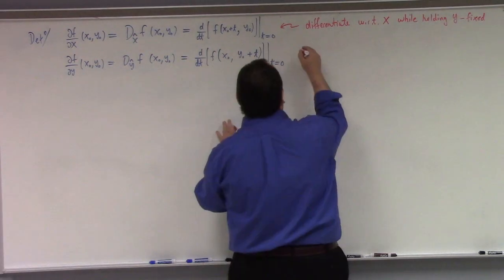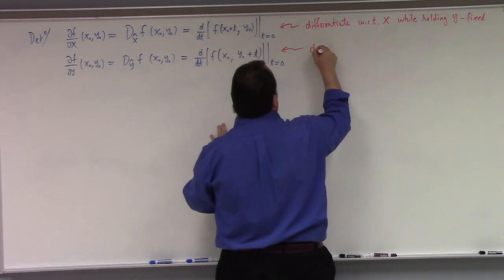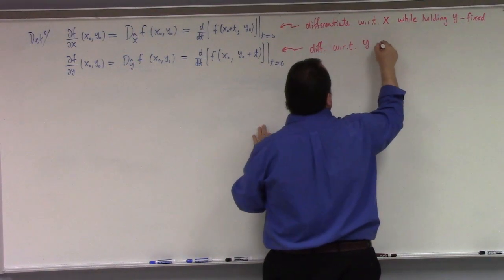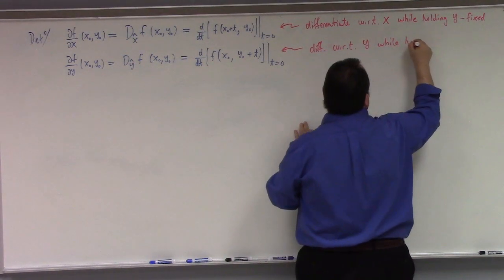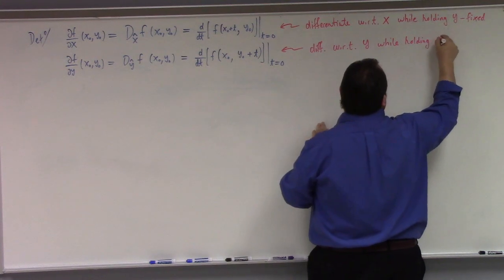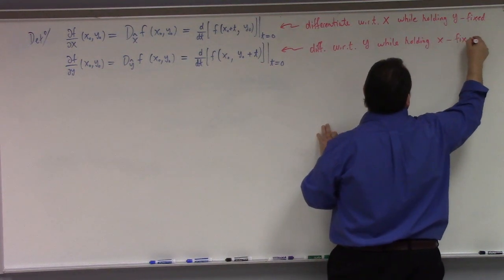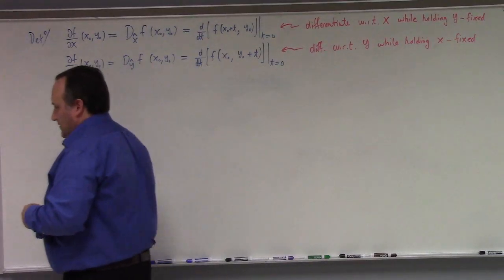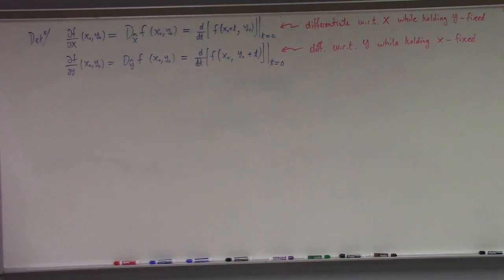And this one, you're differentiating with respect to y while holding x fixed. In other words, the partial derivatives are done such that we treat the variable we're not partial differentiating as a constant. Okay?